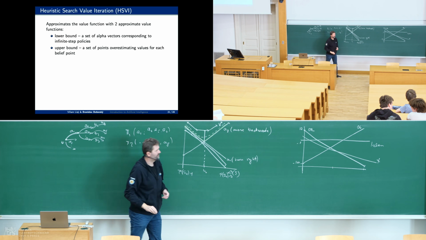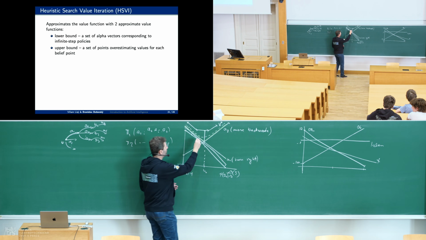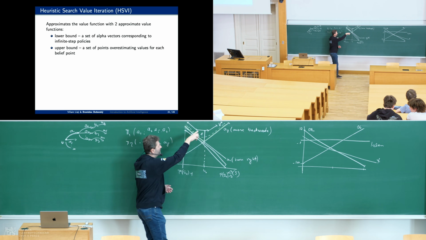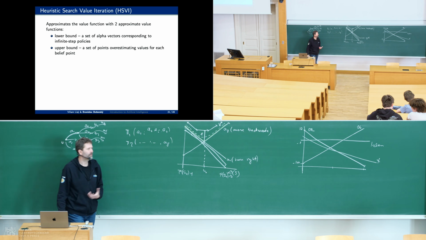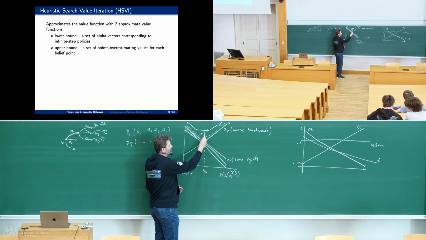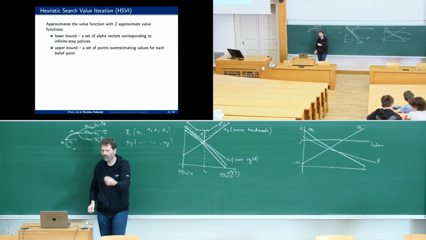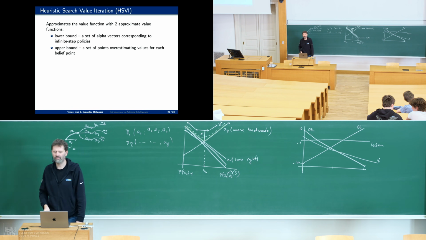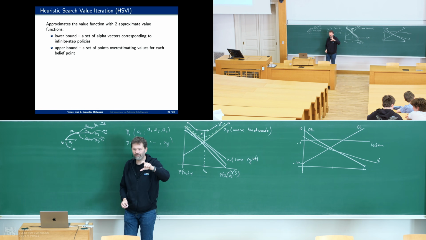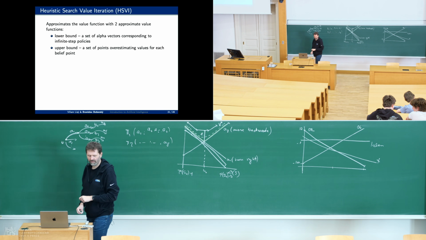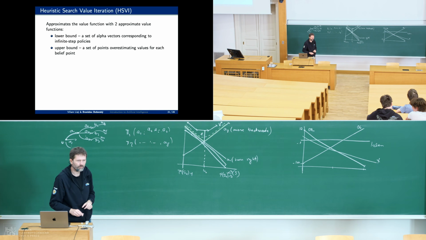At any moment, we will have epsilon, which is the distance between the lower bound and the upper bound at the initial belief point. And we know that the true value function, the true reward if we solve this POMDP in an optimal way, is somewhere in this interval. So we have bounds on how far from the optimum we are.